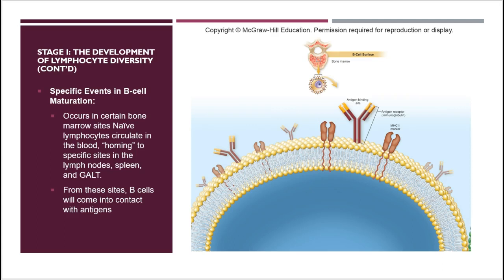And then from those sites within the lymphatic system, B cells will then come into contact with antigens. And each of those B cells will possess a different antigen binding site that's going to recognize a very specific antigen.